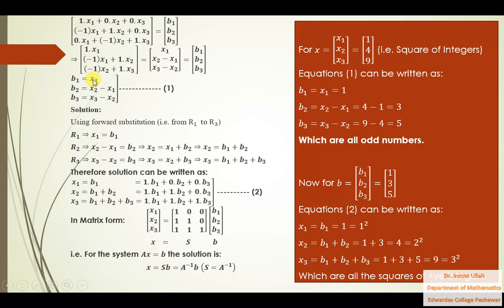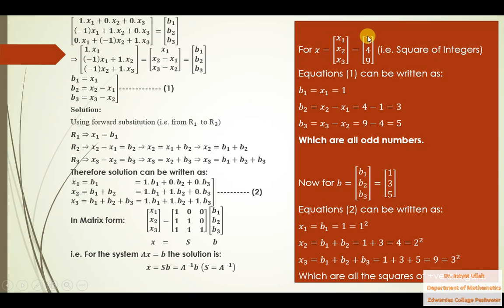Anyways, as a special case, that is the solution of this system. b1 is equal to x1, b2 is equal to this thing, b3 is equal to this thing. Those are equation 1, and these are equation 2. Now as a special case, if this solution x1, x2, x3 is say 1, 4, 9, we see that these numbers are the squares of integers.